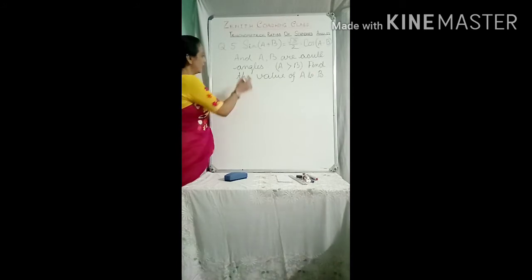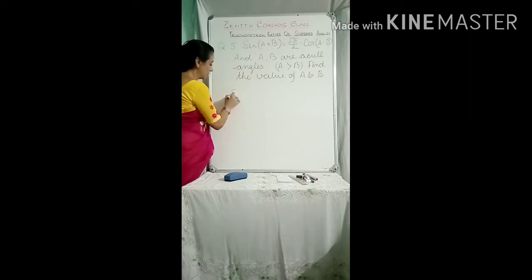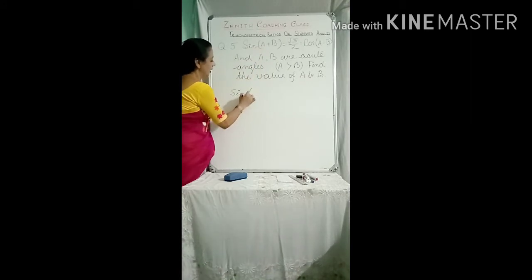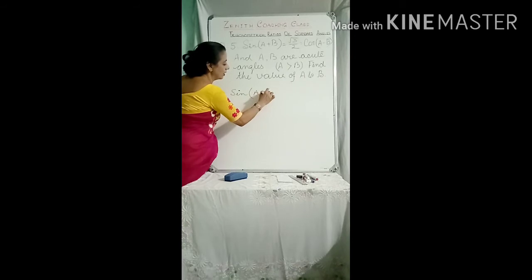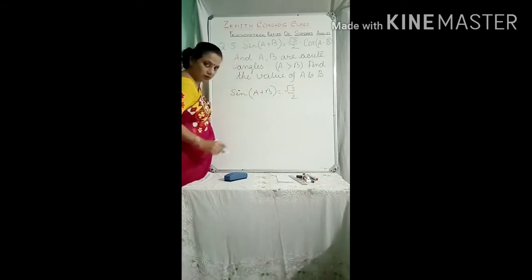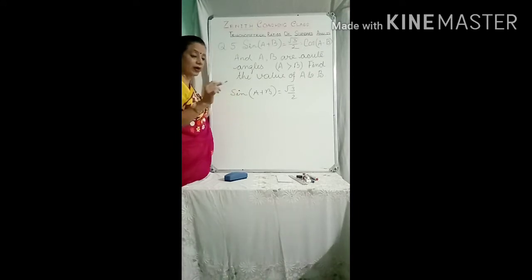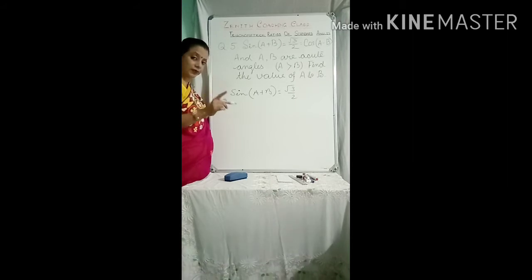So now come to the solution. First, write sin(A plus B) equals root 3 by 2. You know, root 3 by 2 means sin 60 degree, that I have taught you in the previous classes.